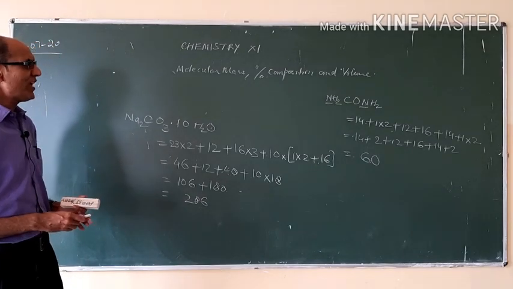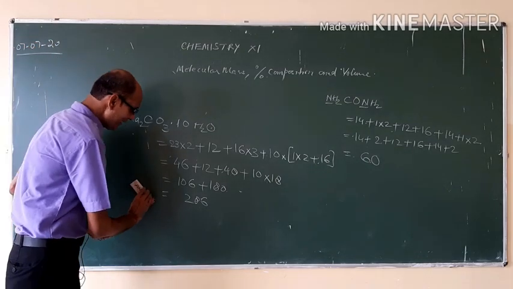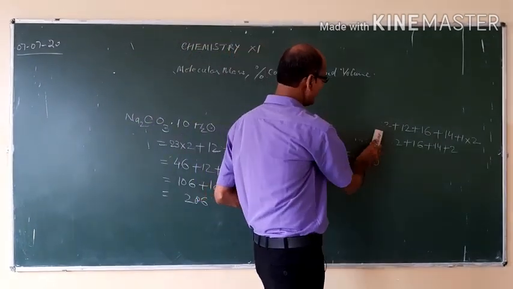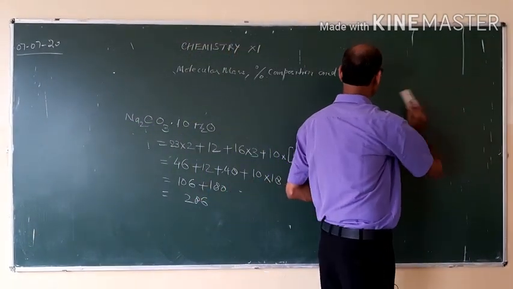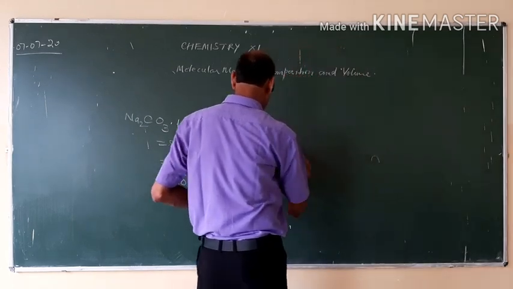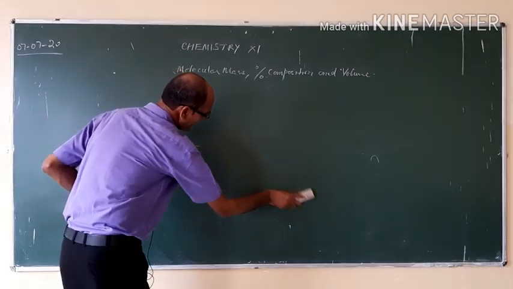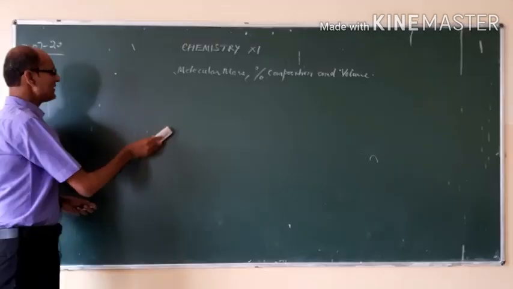After the calculation of the molecular mass of any molecule, you can calculate the percentage of each element present in it. Suppose in any molecule 3 elements or 4 elements are present and you want to calculate the percentage of each element.